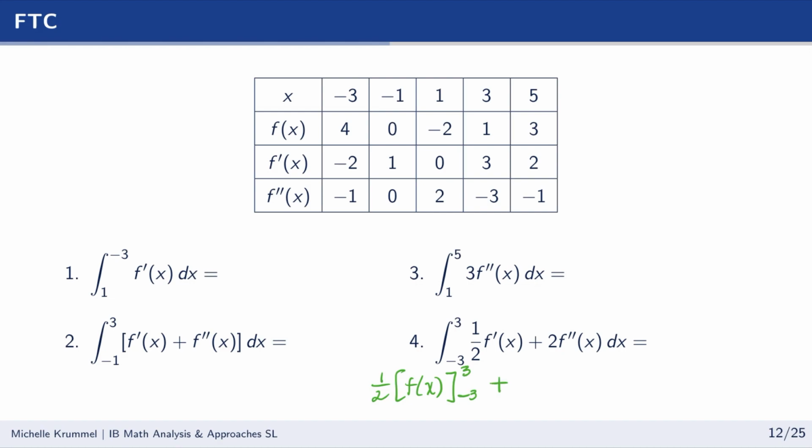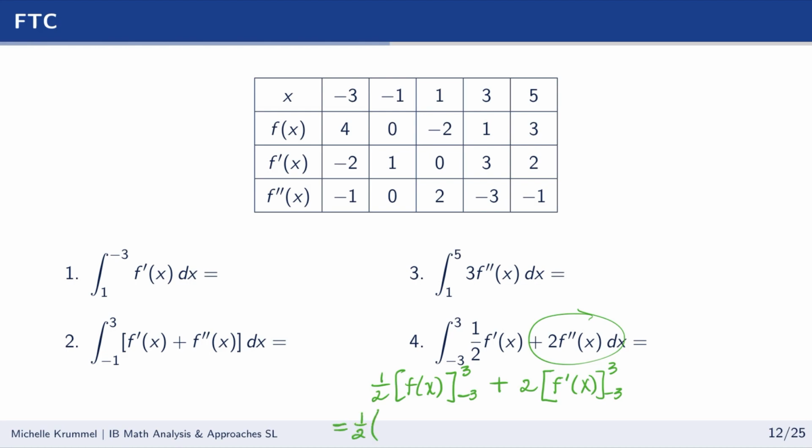Plus, now for this next term, I'm also applying the integral there. We are factoring out 2 as a constant multiple. The antiderivative of f double prime of x is f prime of x, and we're evaluating from negative 3 to 3. So it's like I separated this into 2 integral problems.